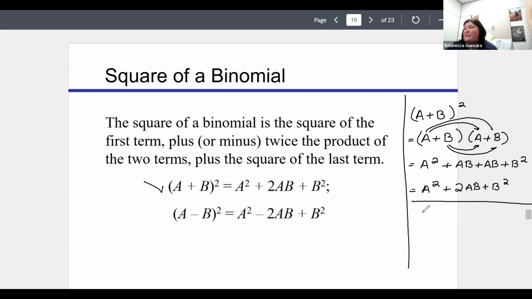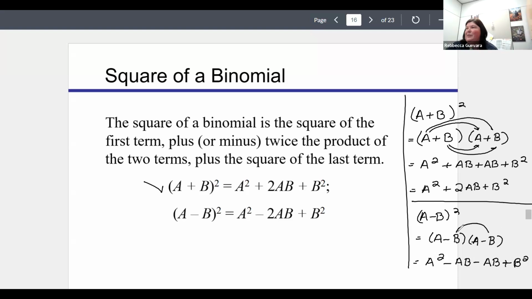And if I did this with a difference, a minus b squared, then we're going to get a minus b times a minus b, which is going to be a squared minus ab minus ab plus b squared.